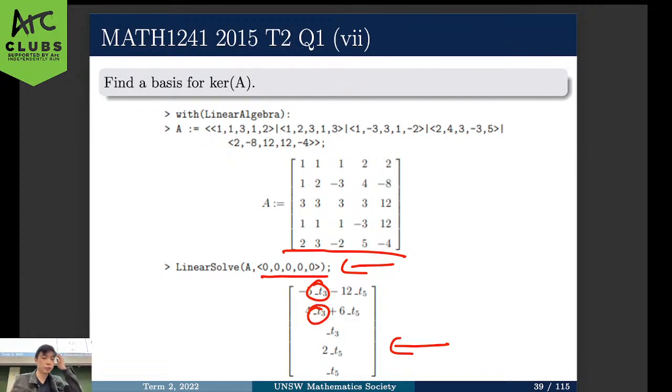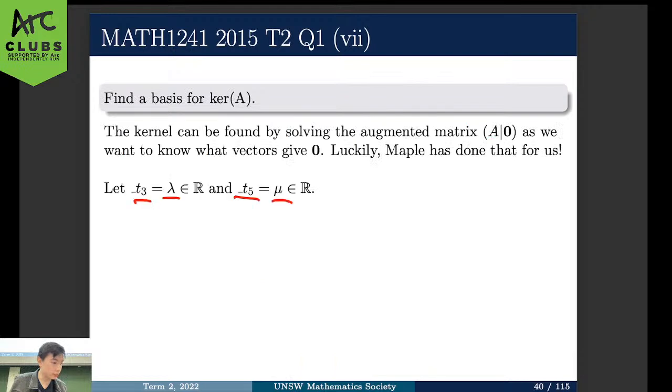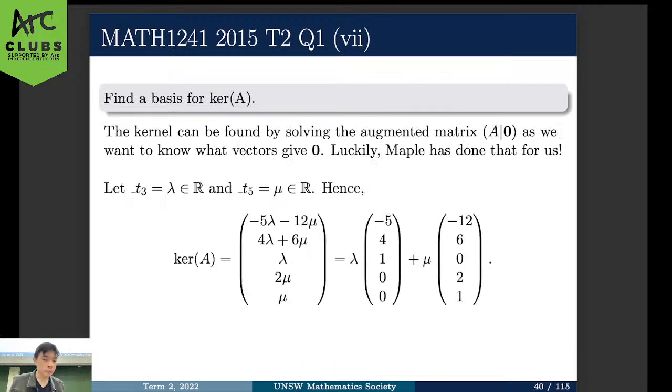Those are the parameters that Maple uses, and it's kind of confusing, so we're just putting it into terms that we know better. Essentially, you take the solution of the kernel and break it up into its individual vectors, and we see that it's equal to lambda times the first vector and mu times the second vector.